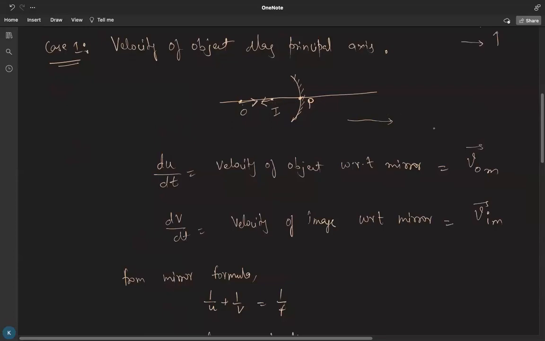So whenever we have to find the velocity along the principal axis, assuming it lies along the x axis, we do dx by dt to find vx. This is the normal kinematics that you learn in the chapter motion, right? This is the normal kinematics that I'm doing here.